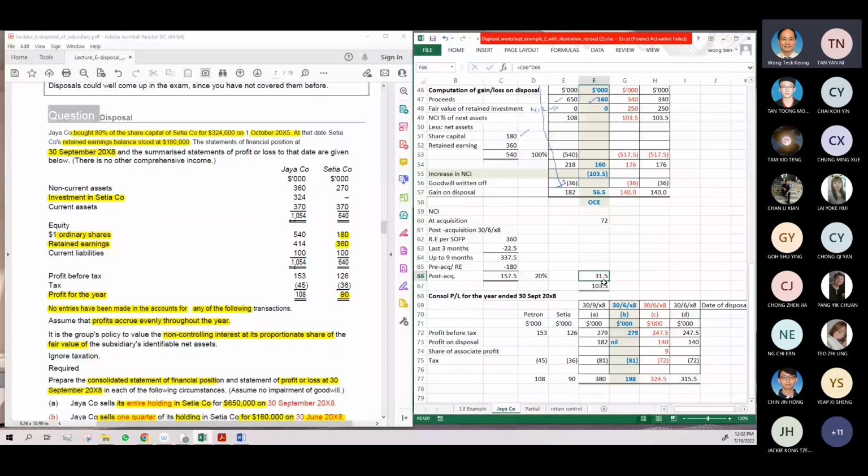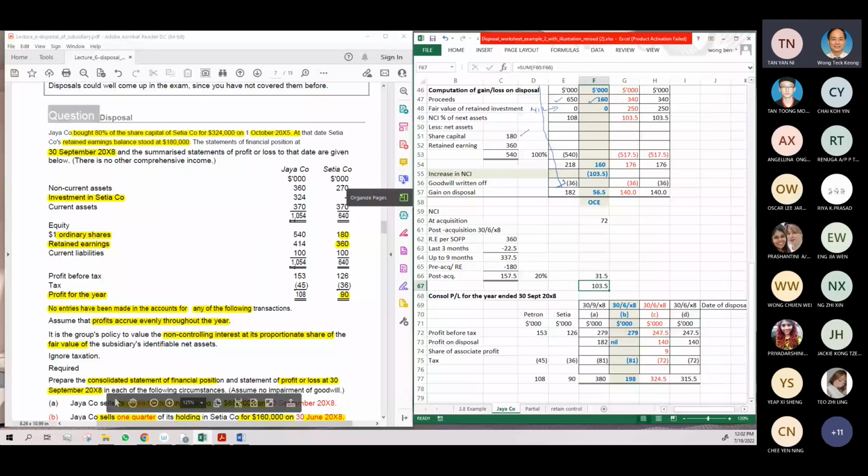This one will be a bit complicated because it's disposed during the financial year, in month number 9. You have 12 months in the financial year. In this case, the year end is 30th September, so from 1st October X7 to 30th September X8.